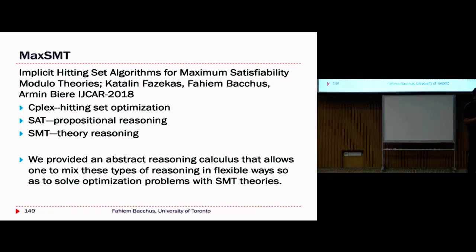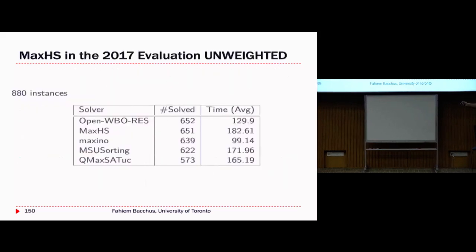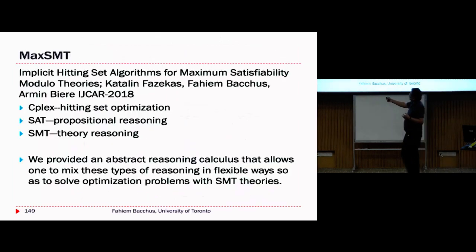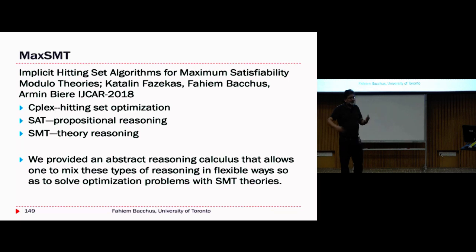We presented an abstract reasoning calculus, a set of rules that you can apply in an arbitrary sequence, which will invoke either the SAT solver, the simplex solver, or the SMT solver to do whatever particular type of reasoning, and it eventually converges to an answer to the problem of maximum SMT, or MaxSMT.